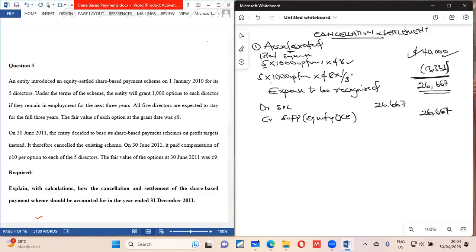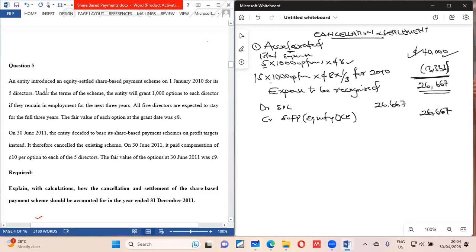So what I've done is we have recognized 20. This one will be for 2010, the very first year. You see the dates that have changed here.